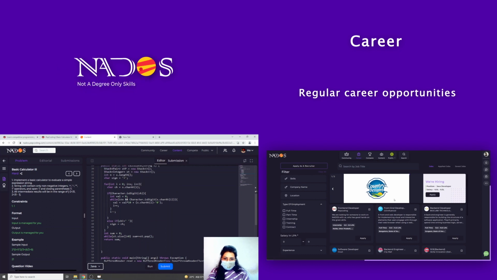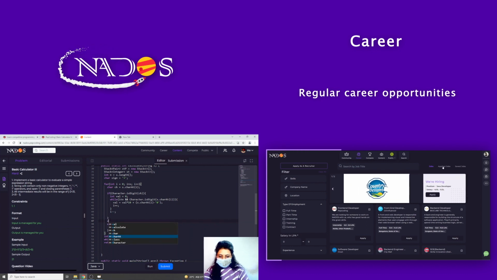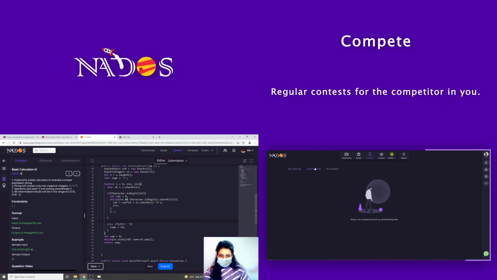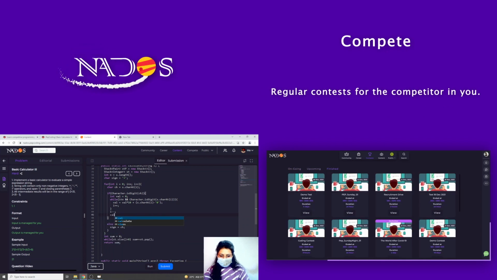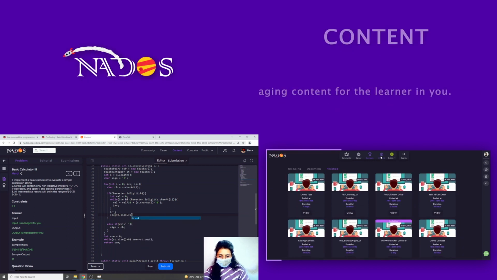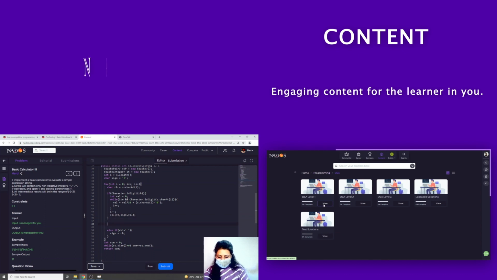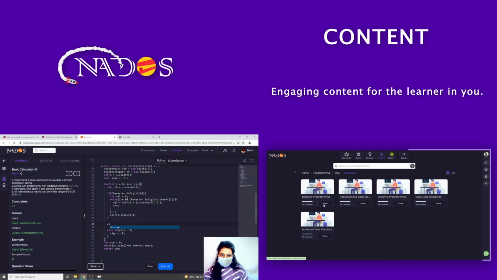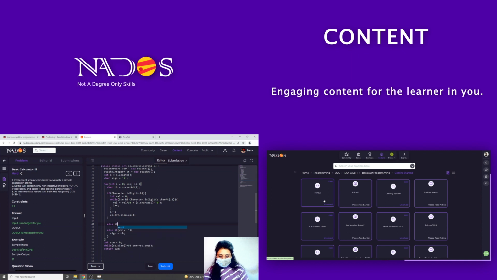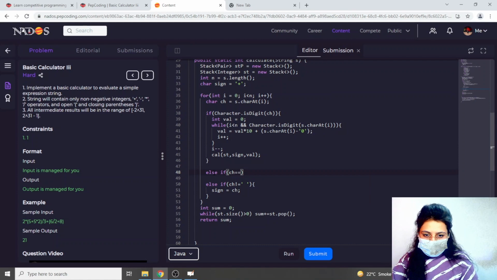Okay, so next, after this, what we had to do, we'll call the cal function, st comma sign comma val, right? After this, we'll write the if condition that was here, we'll start with else if ch equals to opening parenthesis.